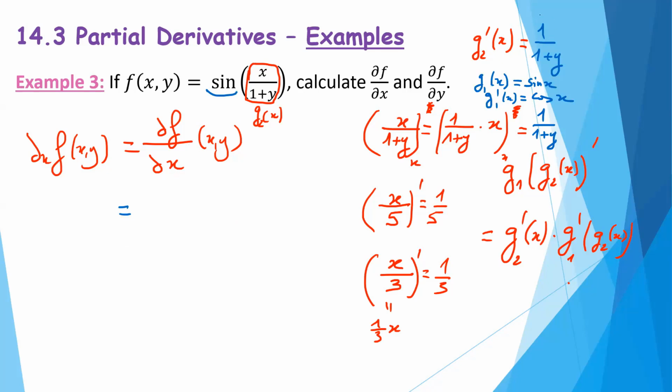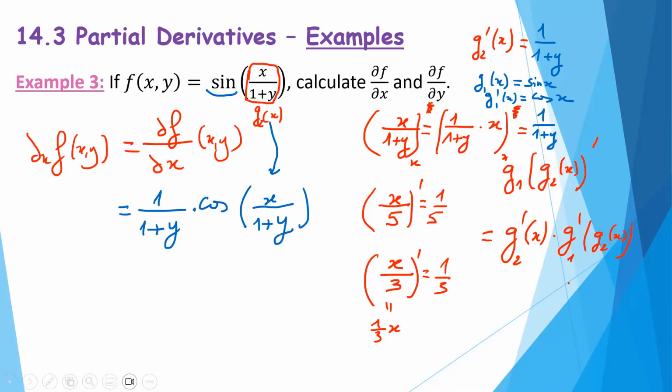It will be g2 prime, so 1 over 1 plus y, times g1 prime, which is cosine, evaluated at g2, so evaluated at x over 1 plus y.